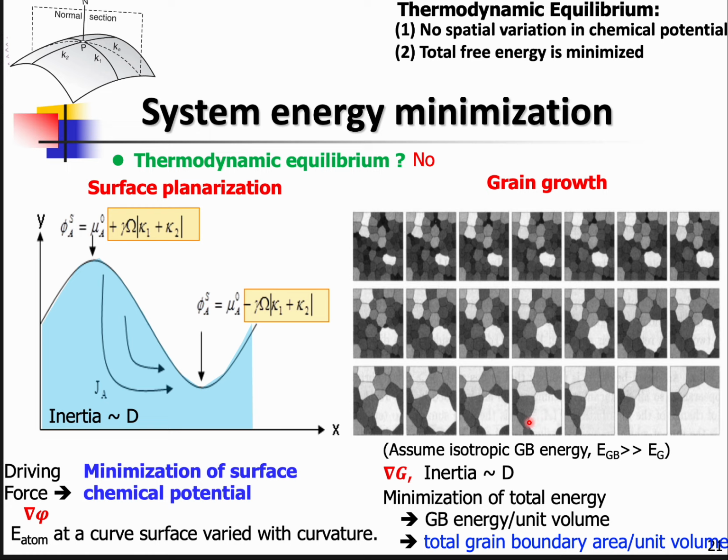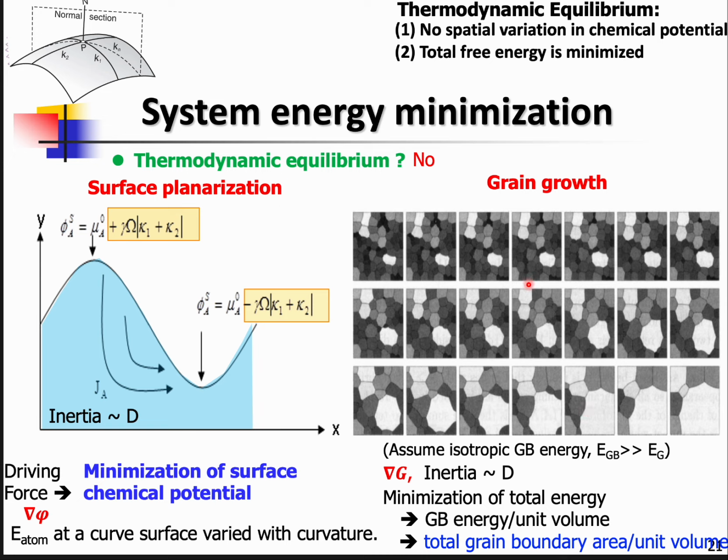It is grain growth, right? So the number of grains will decrease, but the grain size will increase. And in the meantime, because the grains get larger and larger, the volume fraction of grain boundary will decrease. Okay.